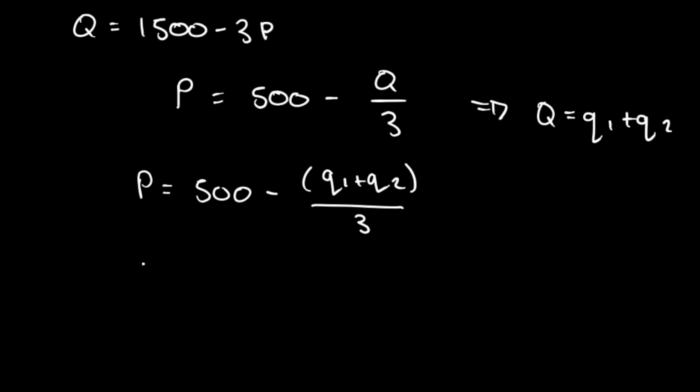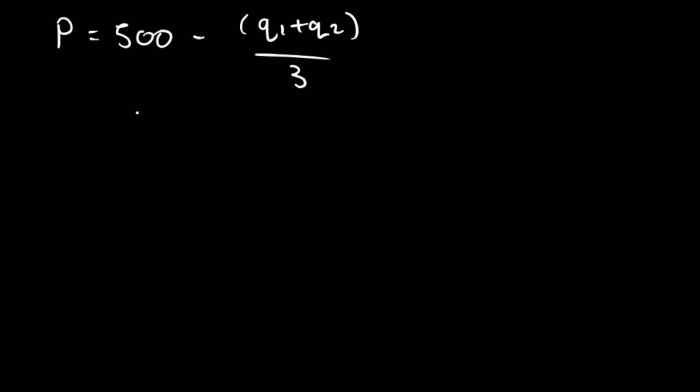But what they want to do is choose the quantity that maximizes their profits given the quantity produced by the other firm. So using that function that we have for price, which I'm just going to write down one more time, we can now get closer to writing out the profit function.